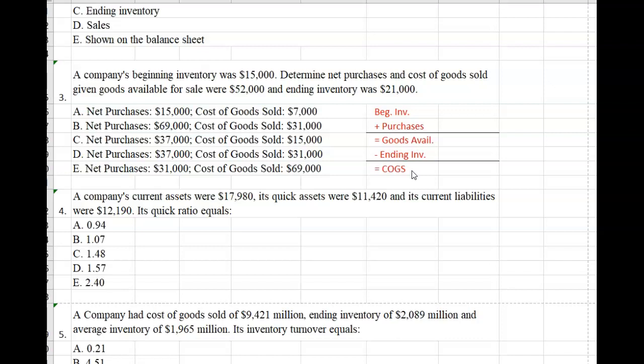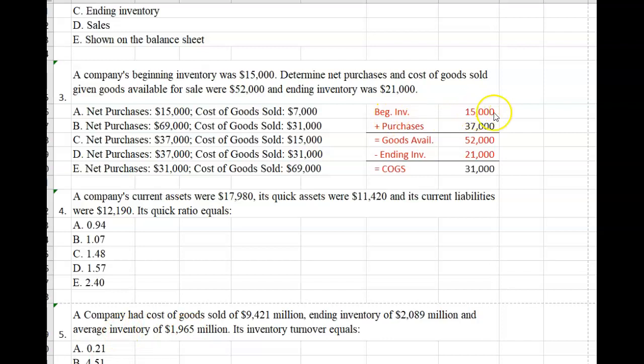And then fill in the numbers that you know and solve for ones that you don't know. The problem tells you that beginning inventory was $15,000, and that goods available for sale were $52,000, and ending inventory was $21,000. Now you can easily solve for purchases and cost of goods sold.